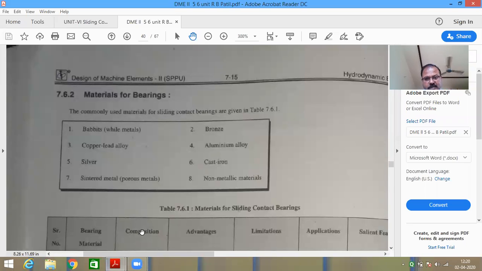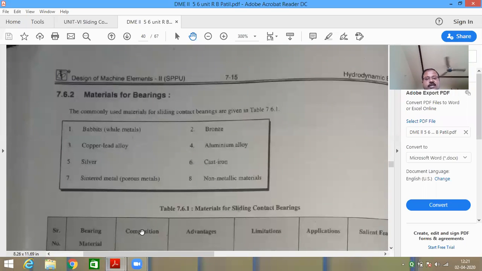Sintered metals means the metals which are manufactured with the help of powder metallurgical processes. They can also be used for manufacturing bearings. Bronze, aluminum alloy, cast iron, each one has its own advantages and disadvantages. So depending on the application, we can select the proper material for manufacturing the bearings.